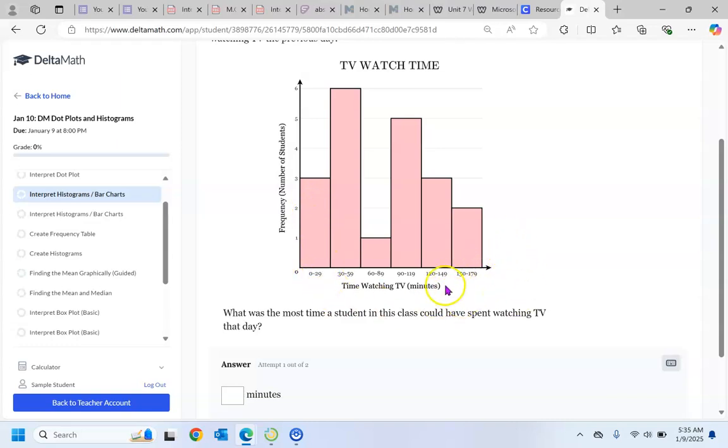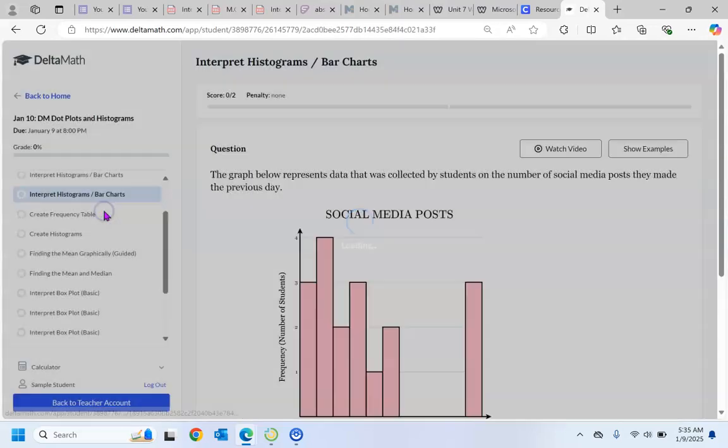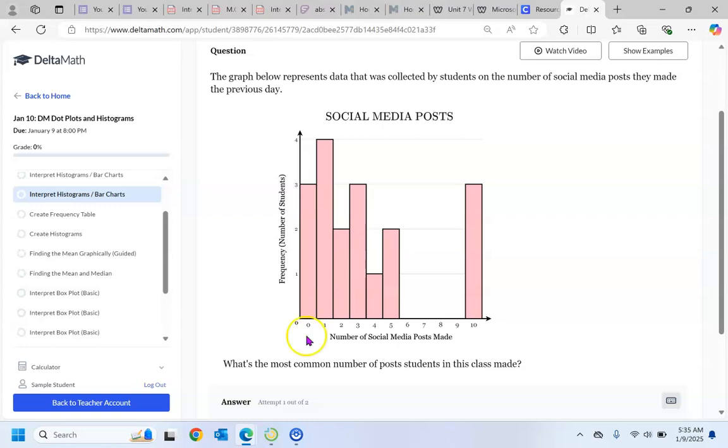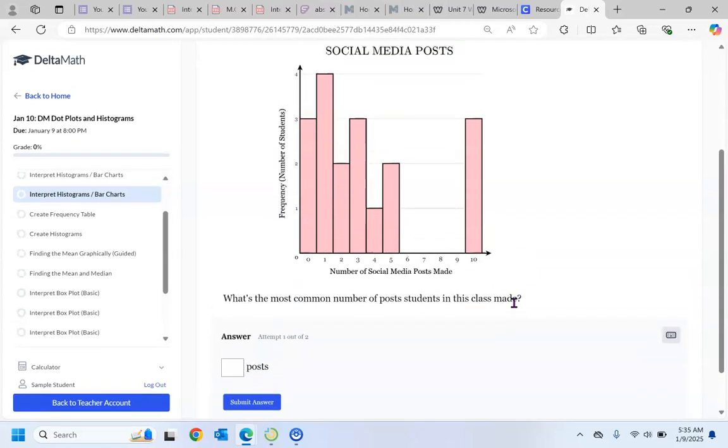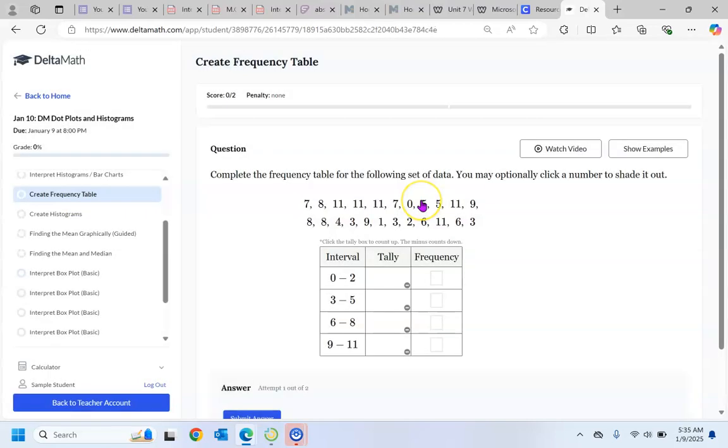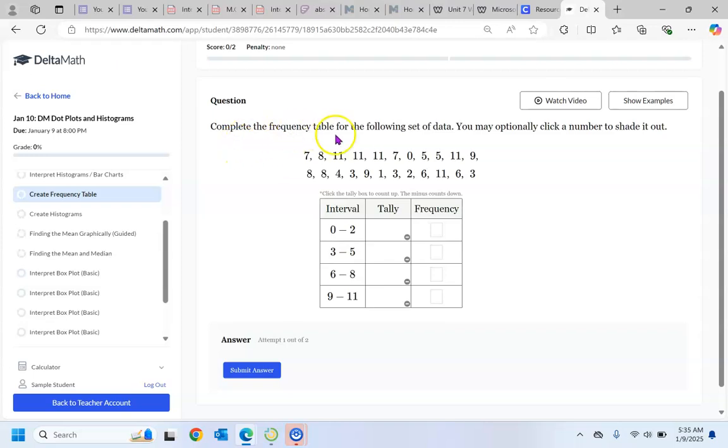But the most amount of time would be over here, all right? Let's see. What is the most common number of posts students in this class made? So basically you just go through, you answer the questions.